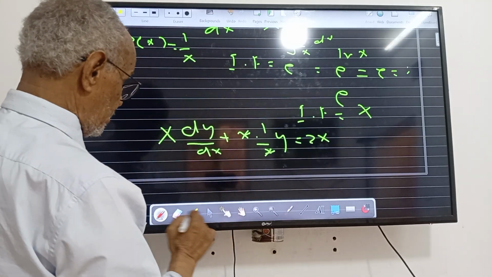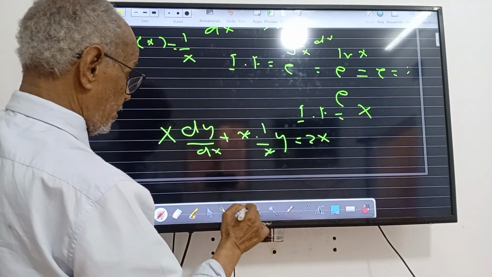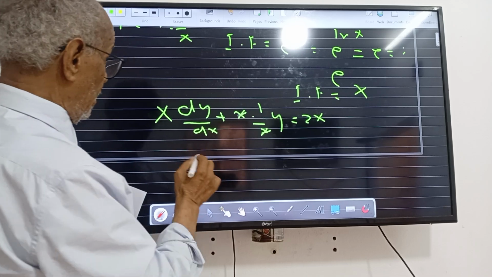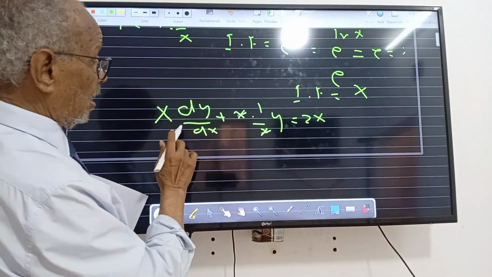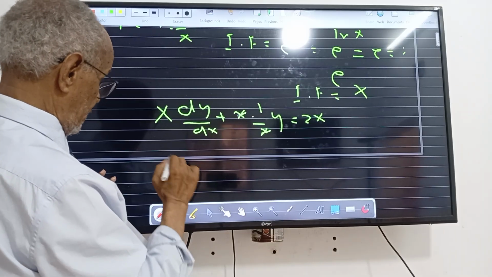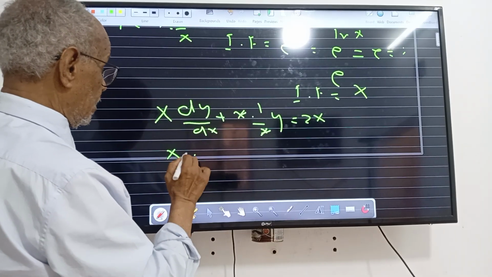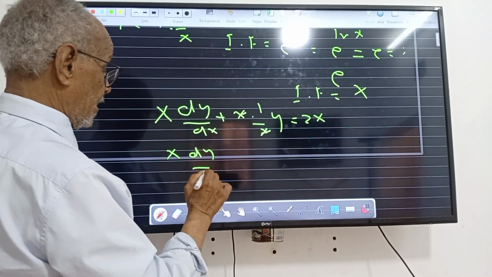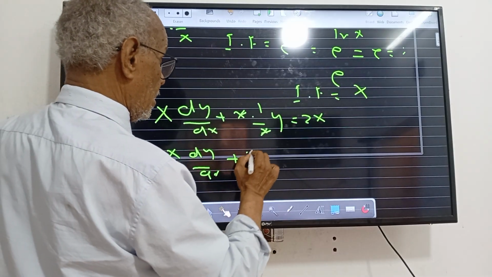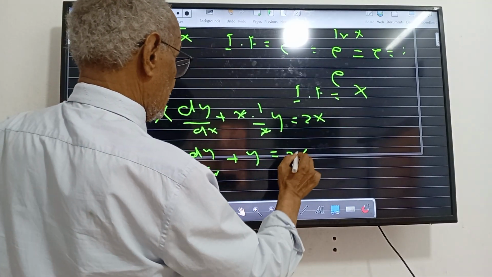Let's cancel this with this. So the final equation is like this: x dy over dx plus y equals 2x.